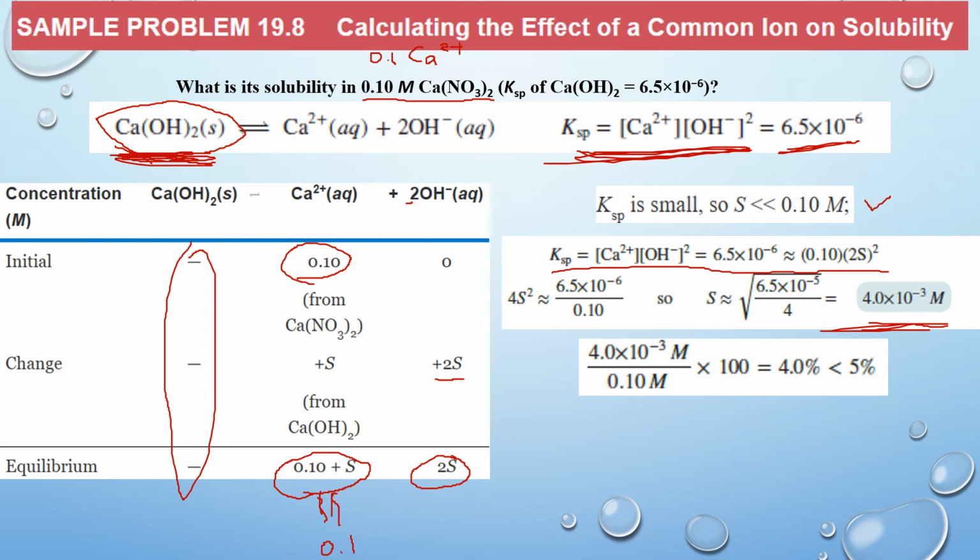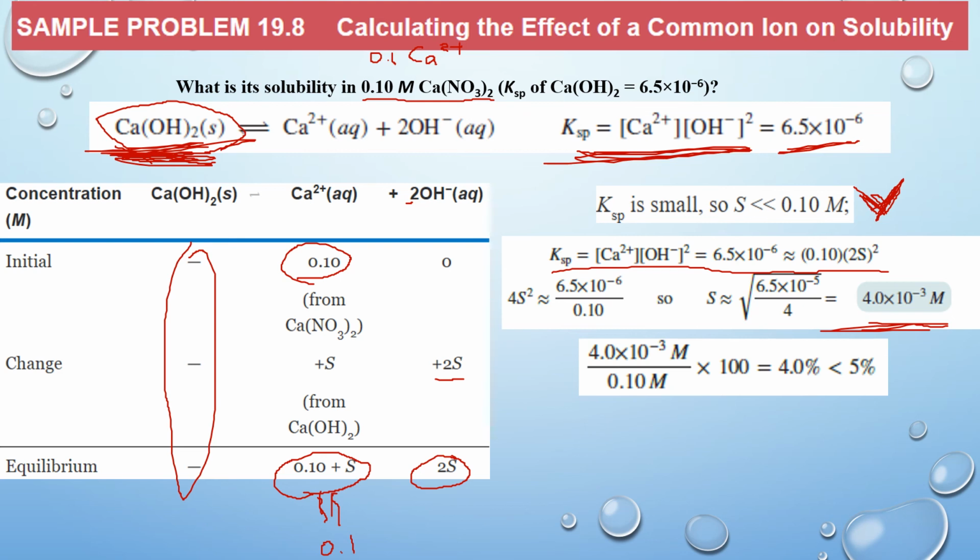So we say our assumption is valid. In this case, when we have calcium hydroxide dissolved in 0.1 molar calcium nitrate, only 4 times 10 to the negative 3 molar of calcium can be generated from the dissolution of the calcium hydroxide. Or we say the molar solubility of calcium hydroxide is equal to 4.0 times 10 to the negative 3.